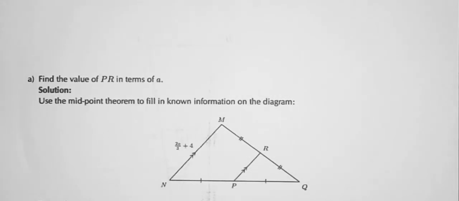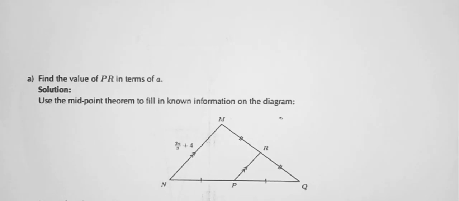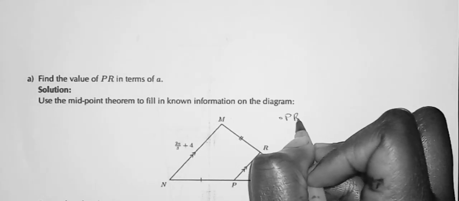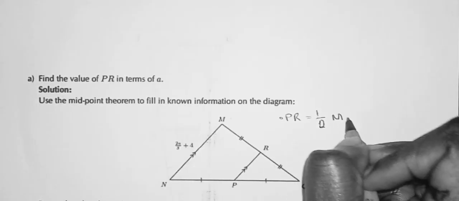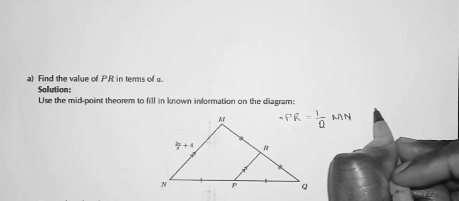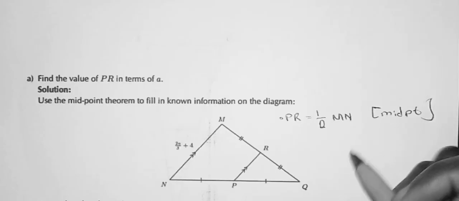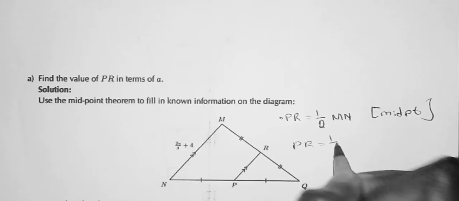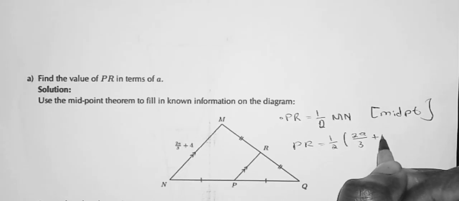So PR is equal to half of MN, and the reason is the midpoint theorem. PR is equal to half of 2a over 3 plus 4.